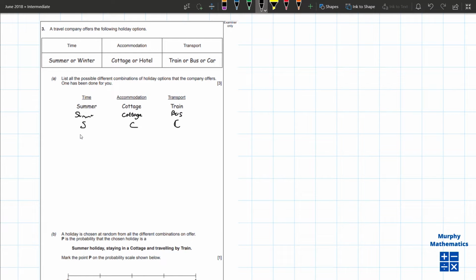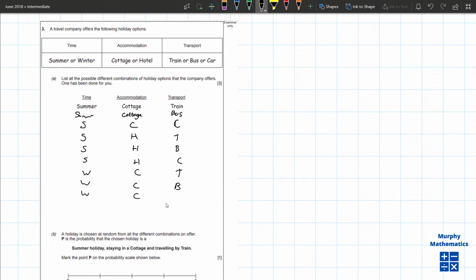I then have summer, hotel, train. Summer, hotel, bus. Summer, hotel, car. And now I'm going to have the same again, but just winters now. So winter, cottage, train. Winter, cottage, bus.